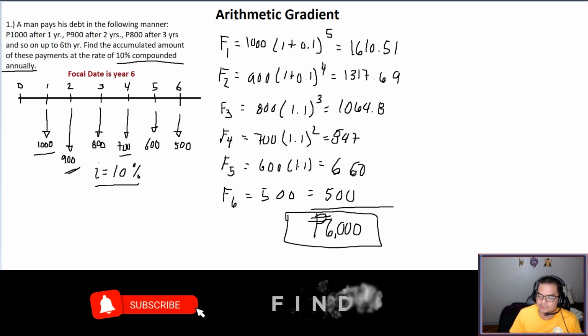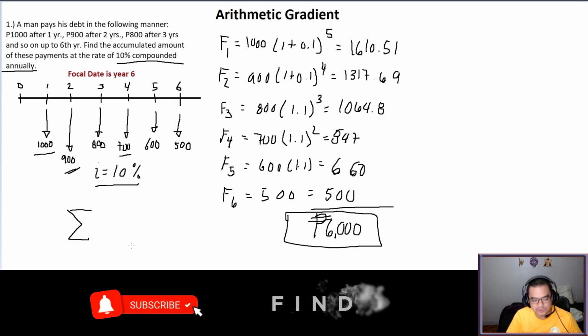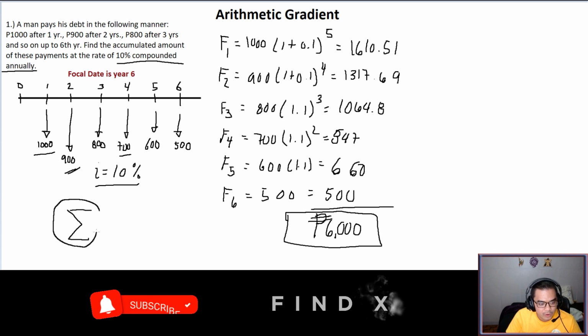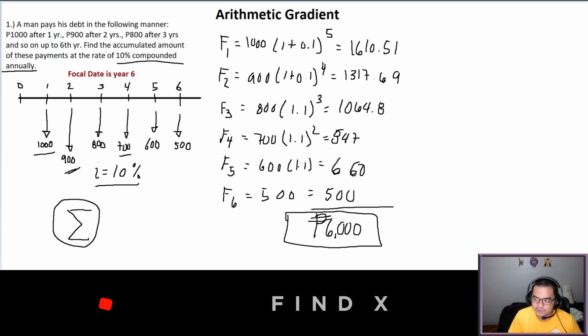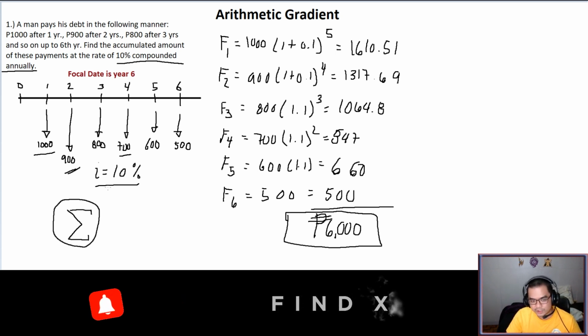We can actually solve this with just one line using the summation symbol. The summation function is really useful for this one. However, before you can use the summation function, you have to derive your own formula, which is the hard part. But don't worry, I'll try my best to explain this to you.